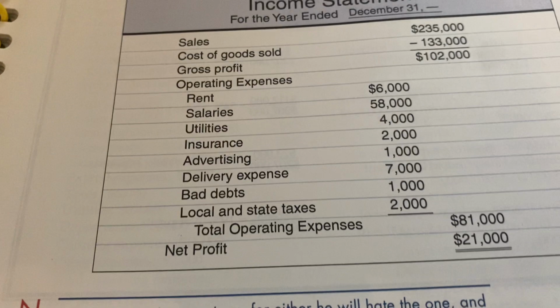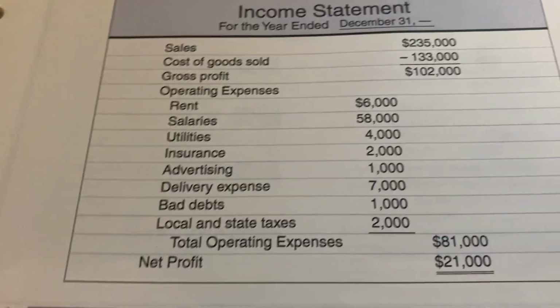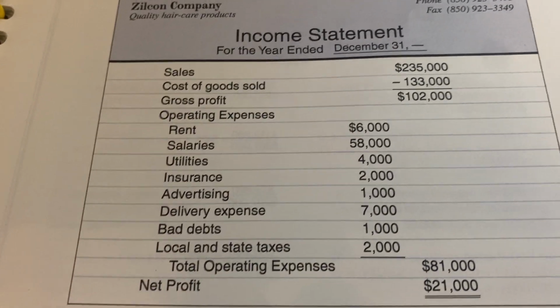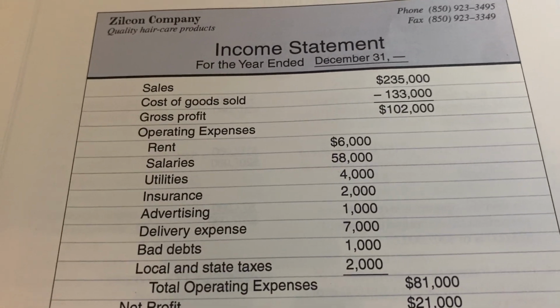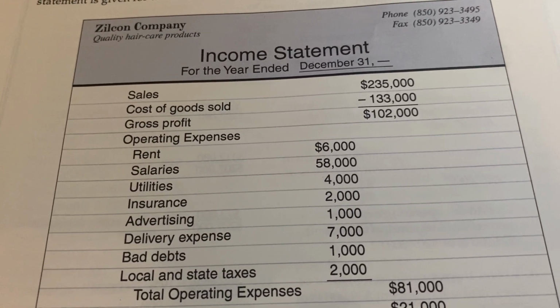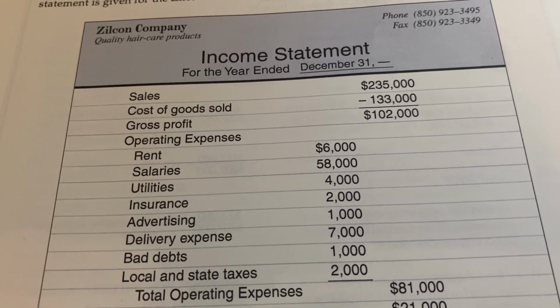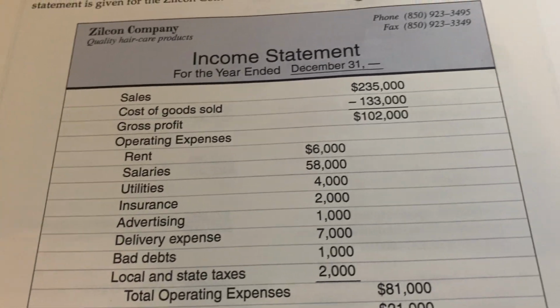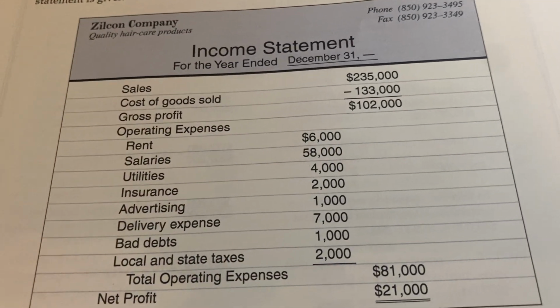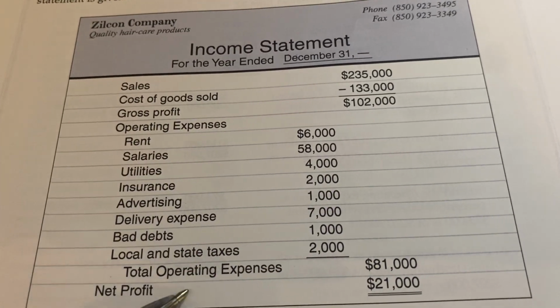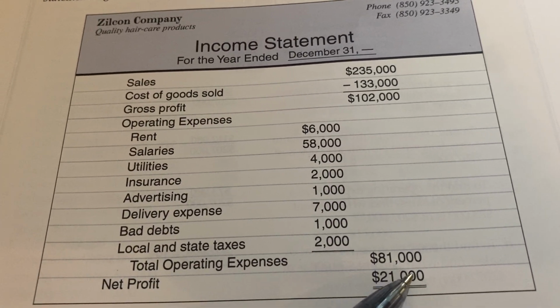Here we go. Okay, here's the income statement. You'll see the sales and the cost of the goods sold, and you made a gross profit of what? 102,000. And then you have all the operating expenses here, the total operating expenses being 81,000.